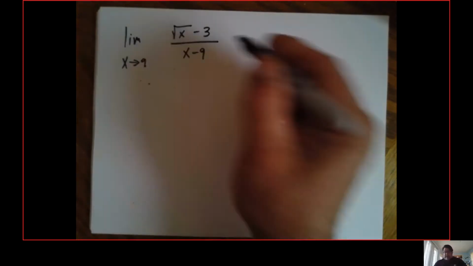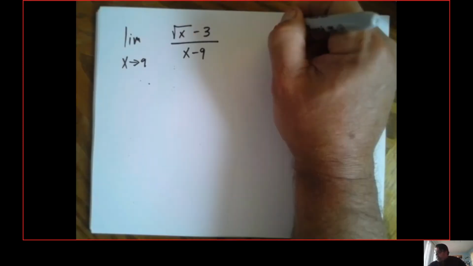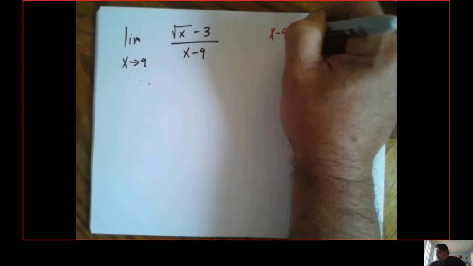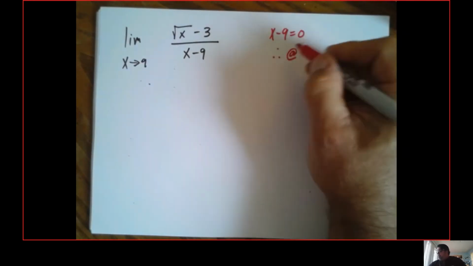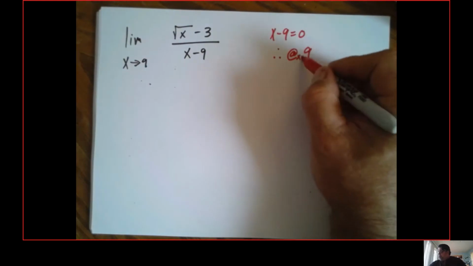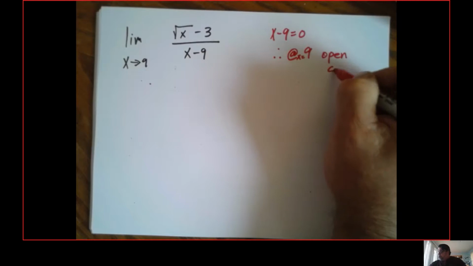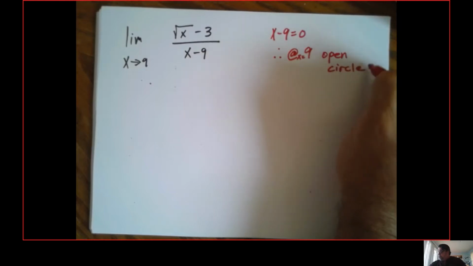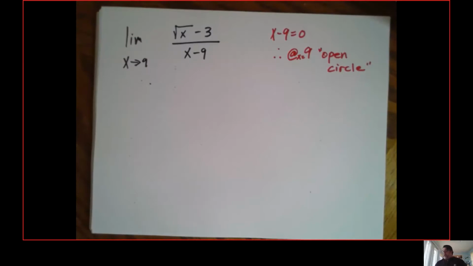But the x minus 9, we'll put that in red. x minus 9 is equal to 0. Therefore, at x equal to 9, we have an open circle on the graph. So whatever this graph looks like, you're going to have an open circle.